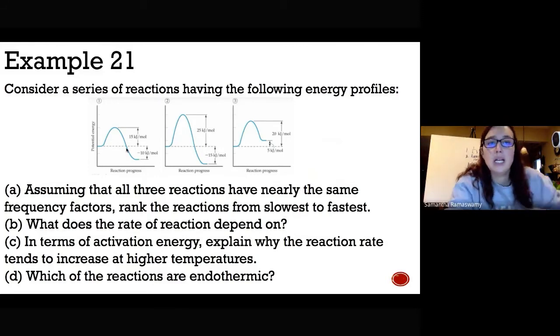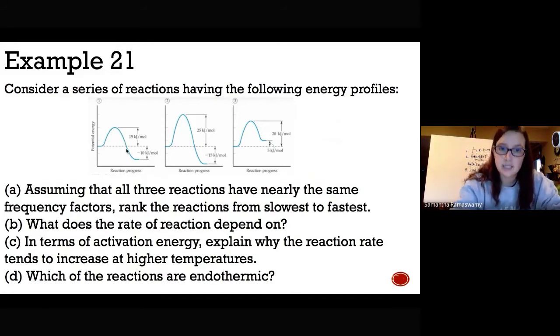If they have the same concentration and the same temperature, then our reaction rate is based solely on the activation energy. The activation energy is this peak. The smaller the peak, the easier it is for the reactants to get over that peak and become products.